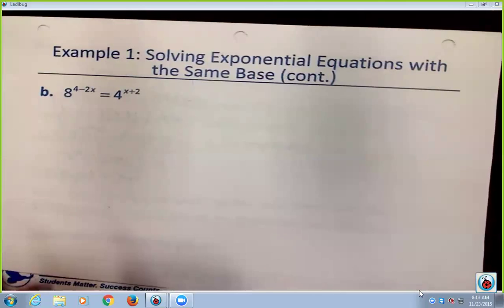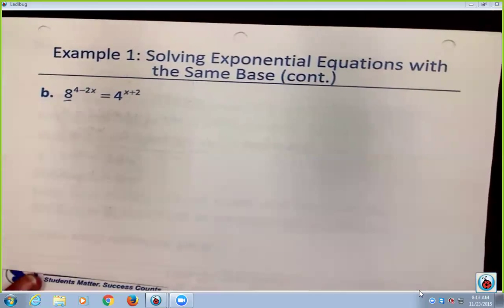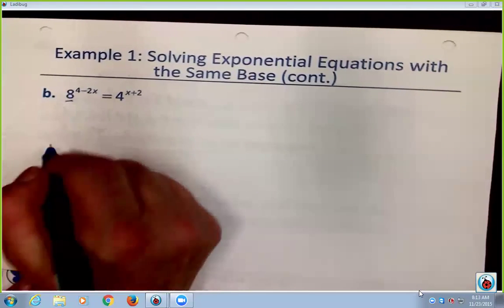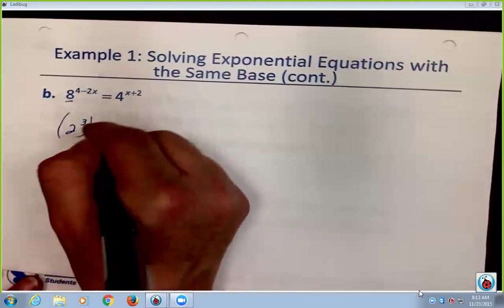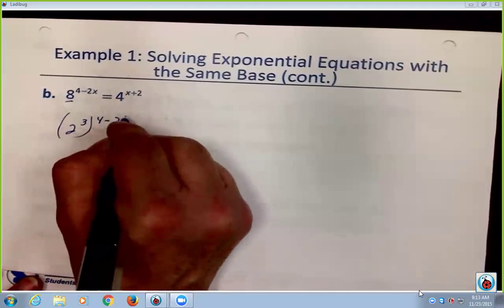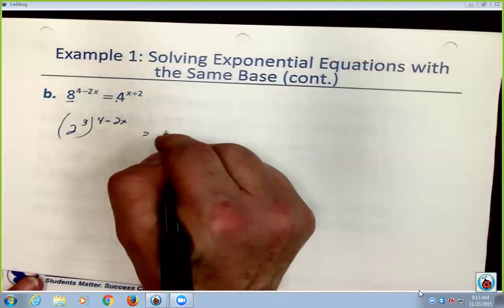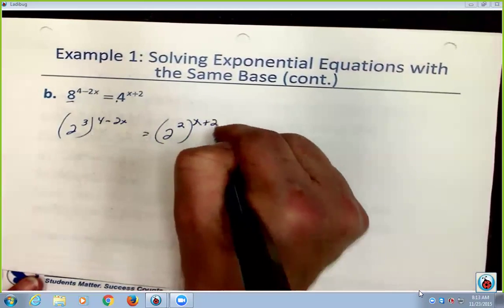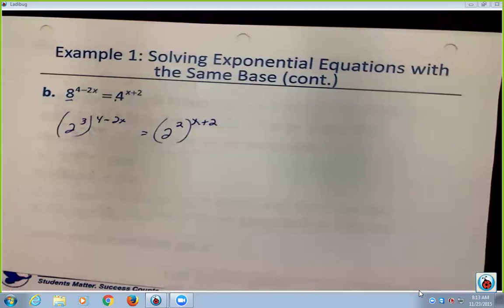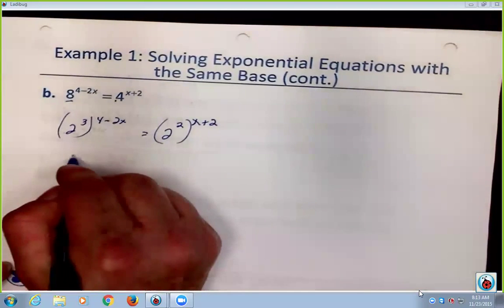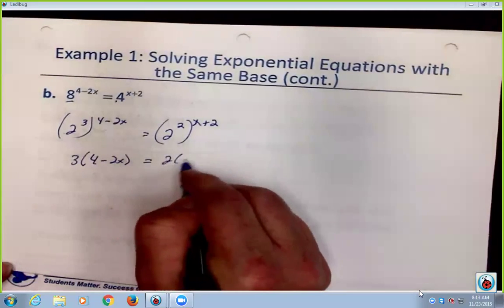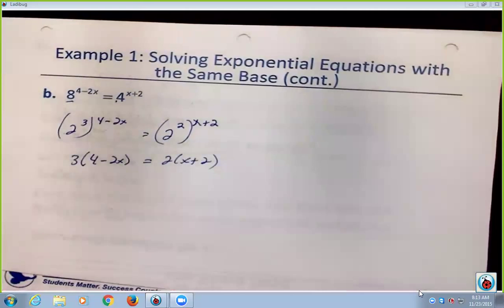But we can force these things to become like bases in here because 8 is 2 to the 3rd power. 4 is 2 to the 2nd power. And so then what we would have is our bases now match. So we have 3 times 4 minus 2x is equal to 2 times x plus 2. And we can go from there and figure out what x would be.